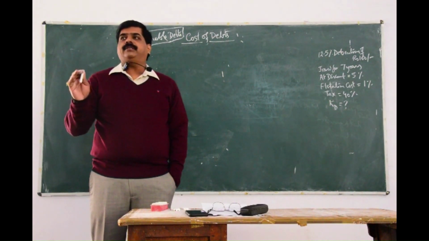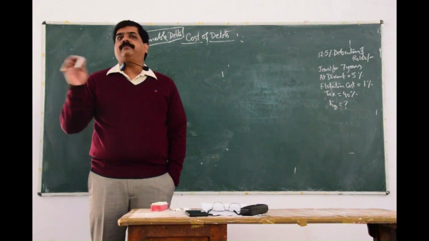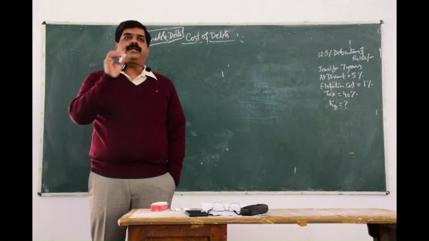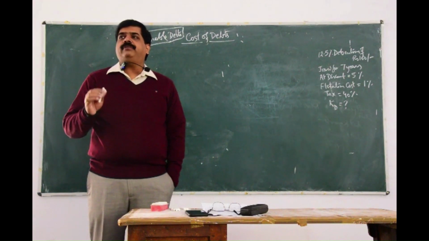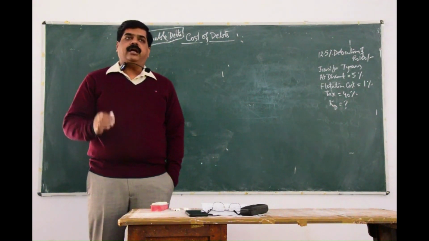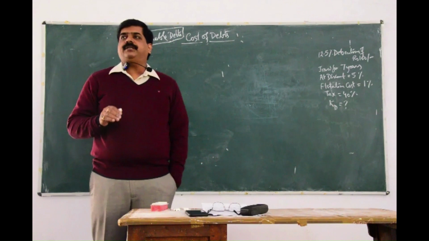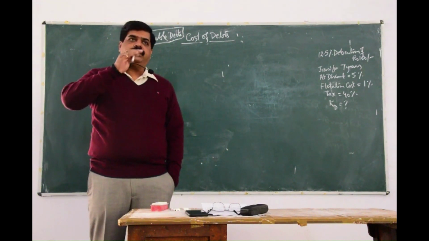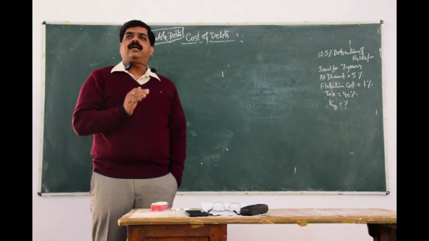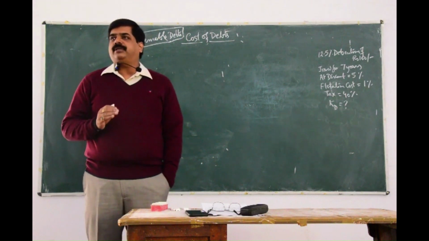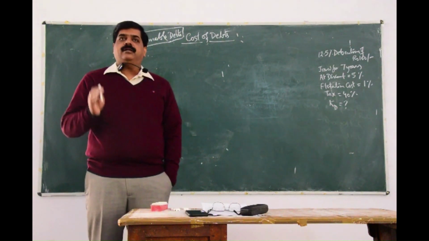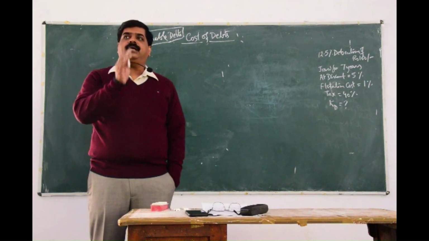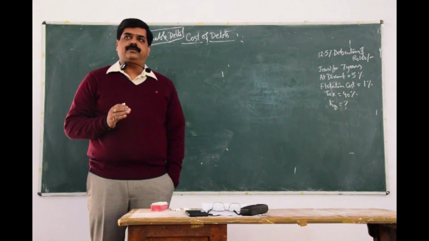Trial and error is always considered the best method because we have to hit a specific percentage which can be considered as the cost of debt, and from that percentage we try to know whether it has to be increased or decreased, and then we take the help of interpolation to calculate the exact percentage of cost of debt.